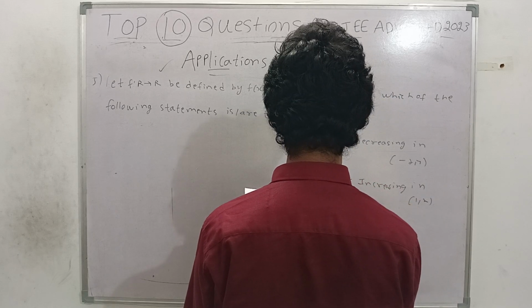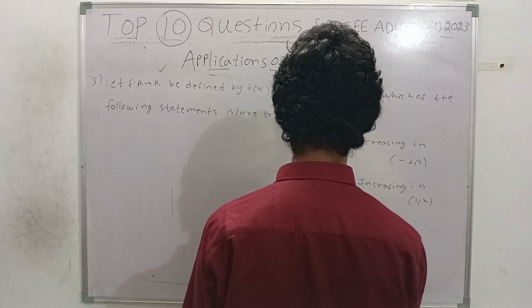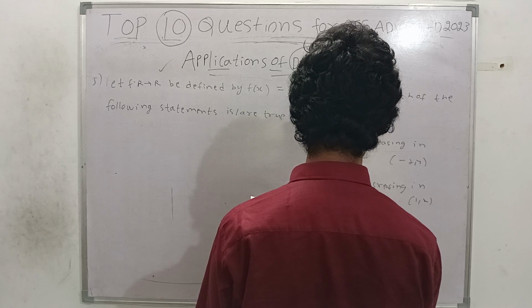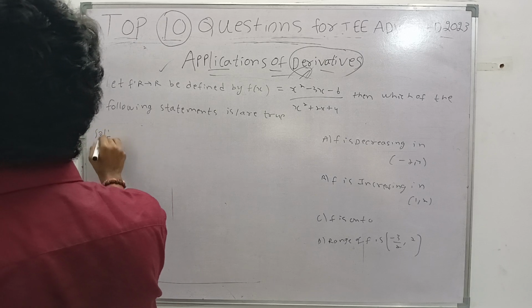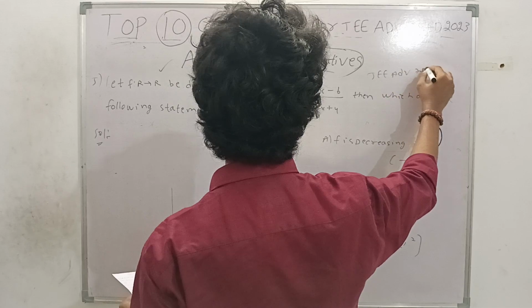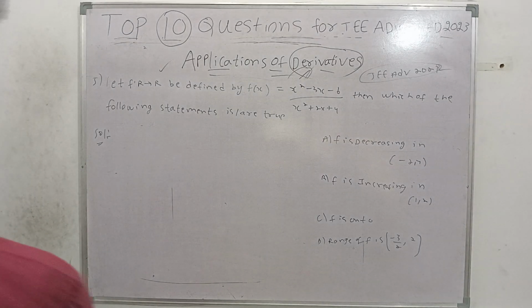Option C, f is onto. Option D, range of f is minus 3 by 2 comma 2. This is a JEE Advanced 2021 bit. Very important and easy also.